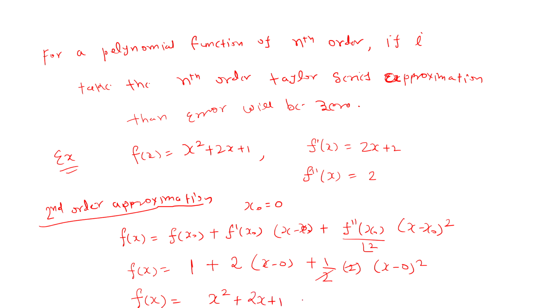So as we can see, we are getting this function. So for a polynomial function, if I do nth order Taylor series approximation, then that approximation will exactly be the same as that function. So that is what I wanted to say about polynomial functions.